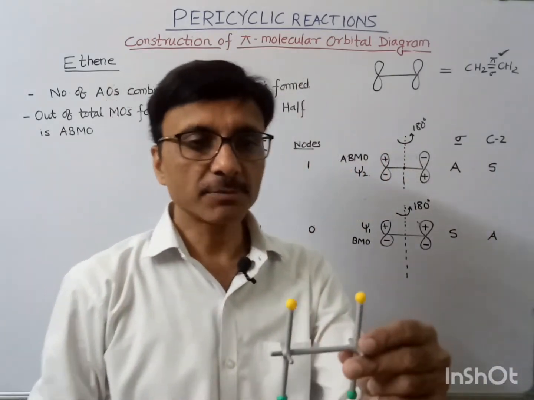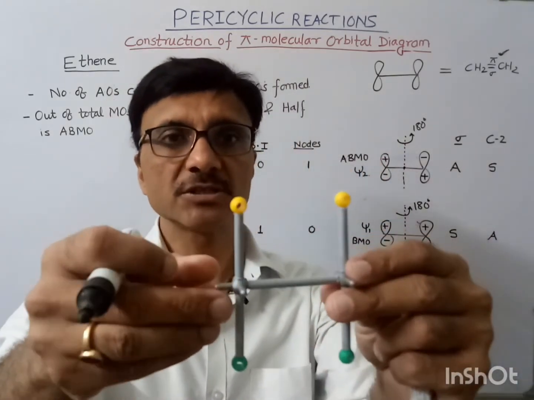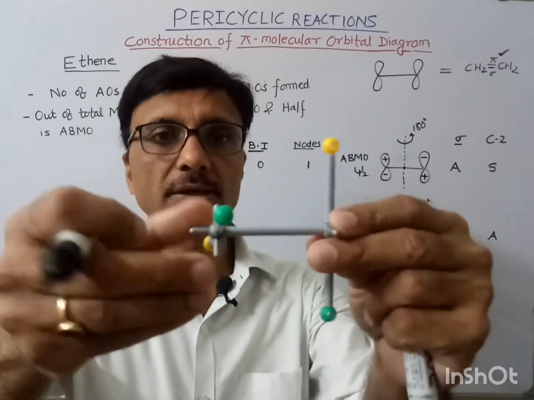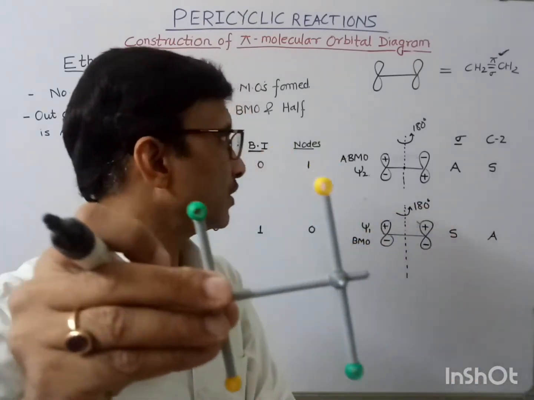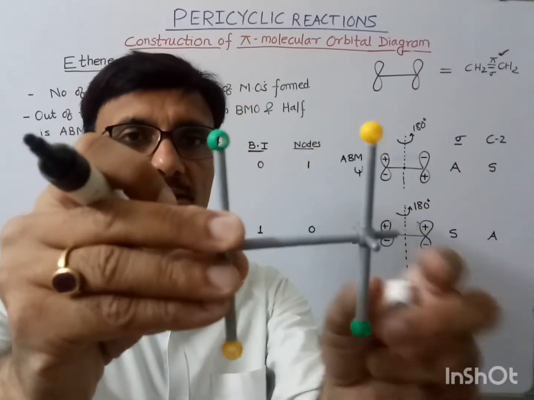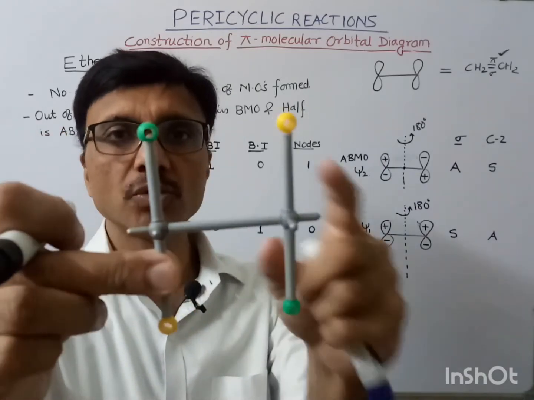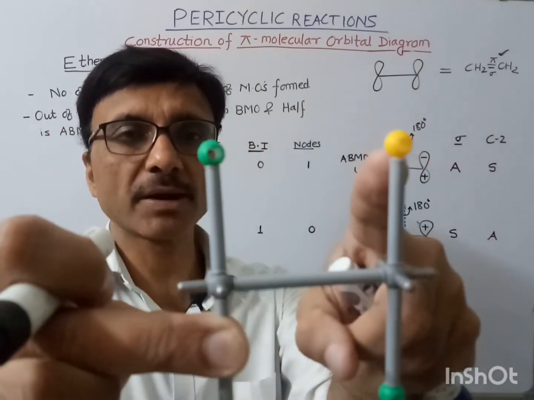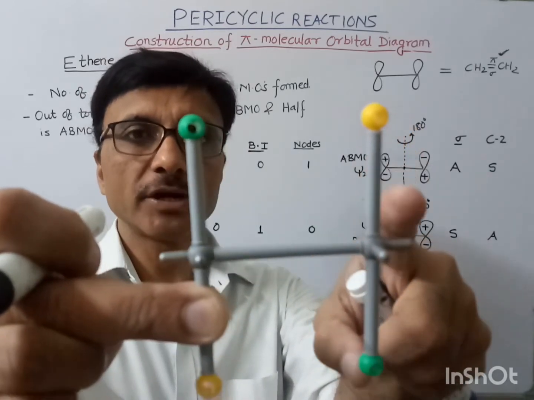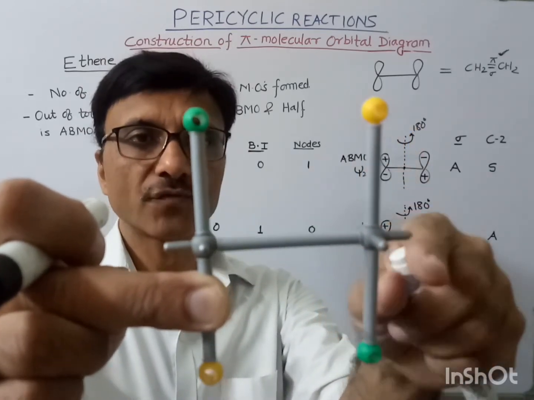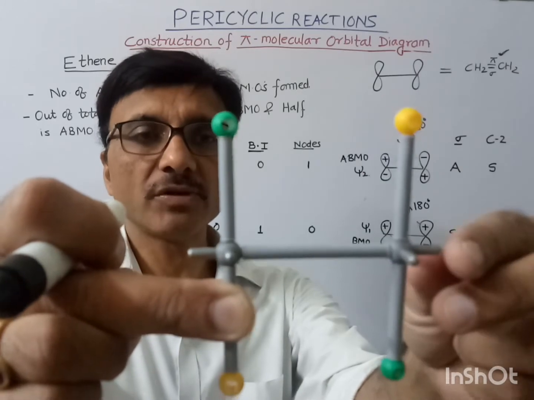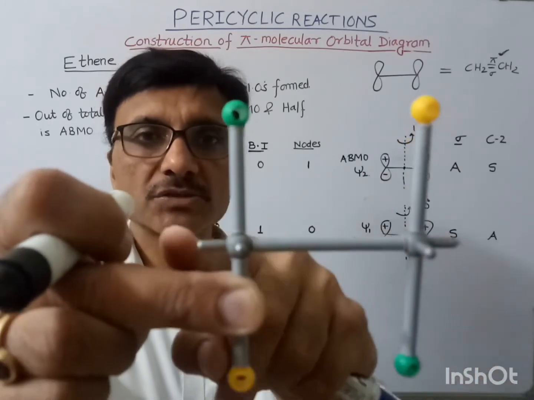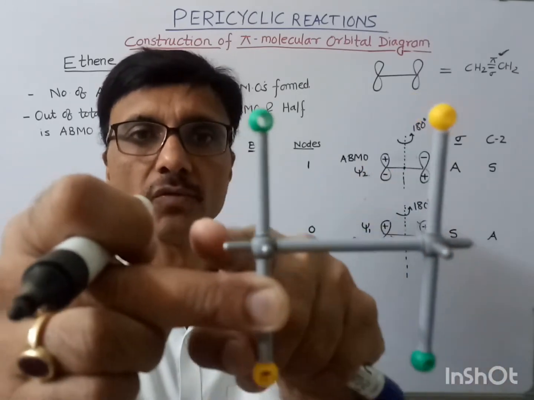Now let me help you understand with this model. This is psi 2, this is plus, this is minus, this is plus, this is minus. Now let me rotate it by 180 degrees. So this will come over here, this will go over here.